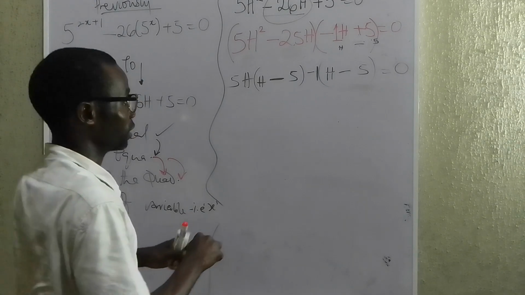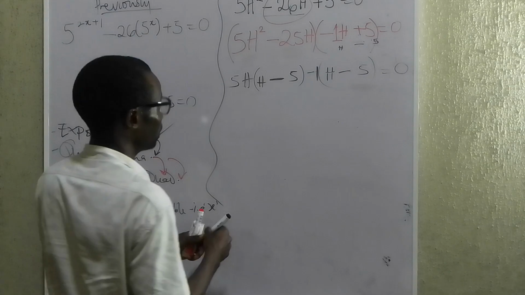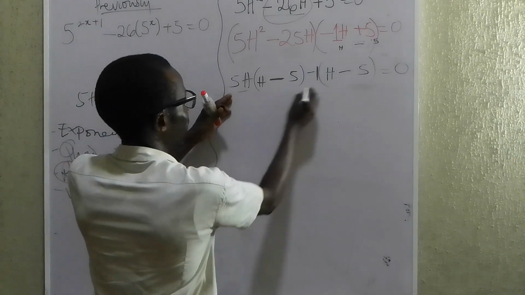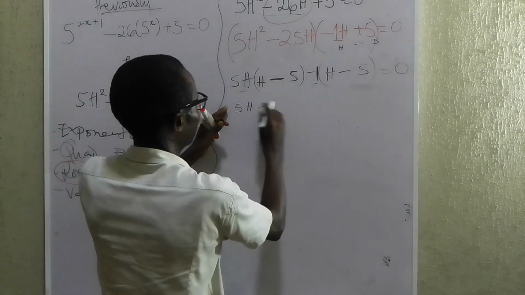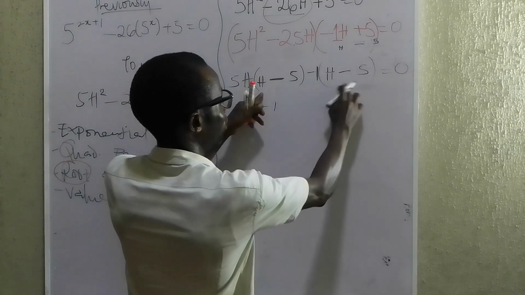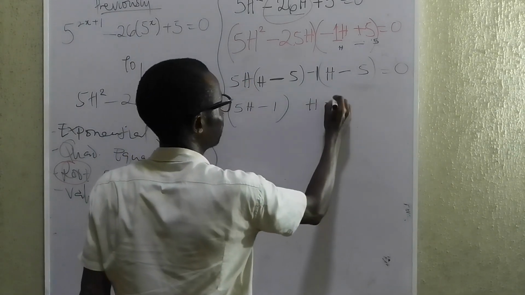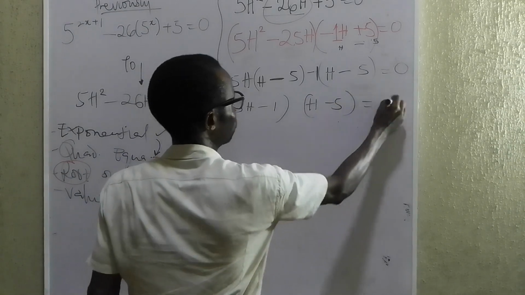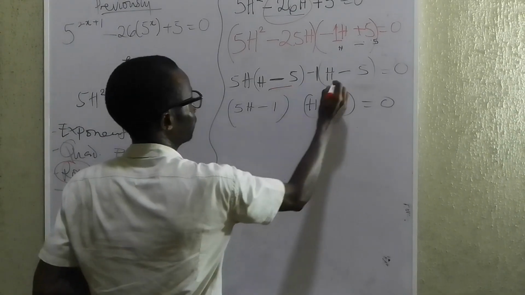So you now see that here and here are the same thing. So you just use one instead of using both of them. So here goes to be 5h minus 1. And then h minus 5 and h minus 5 being the same thing, I'll pick them as 1. So it's going to be h minus 5, just representing with 1, because here and here are the same thing.